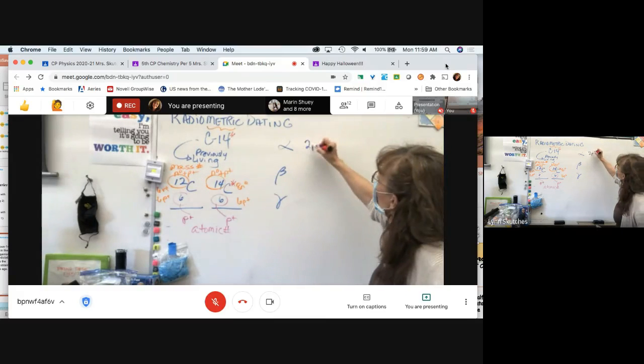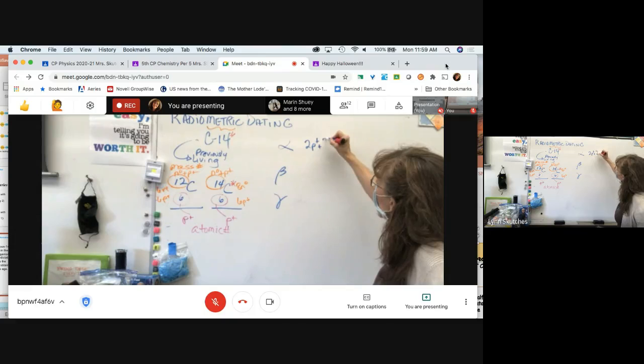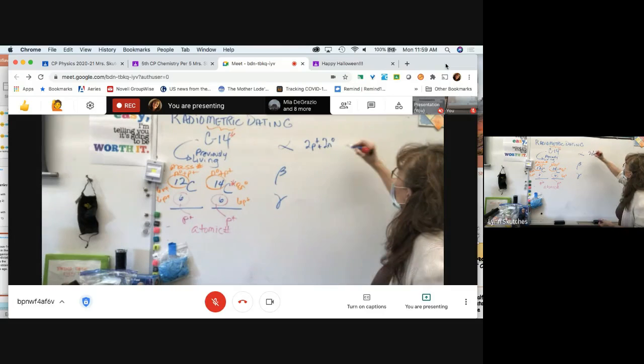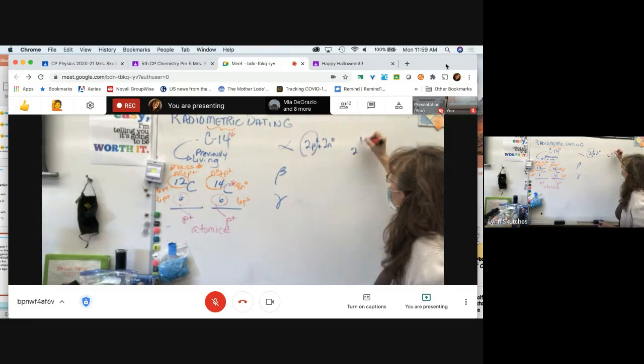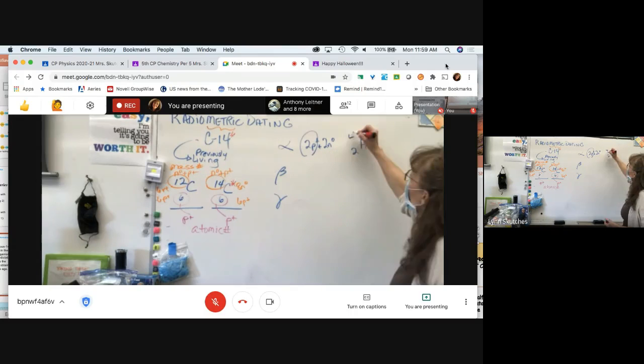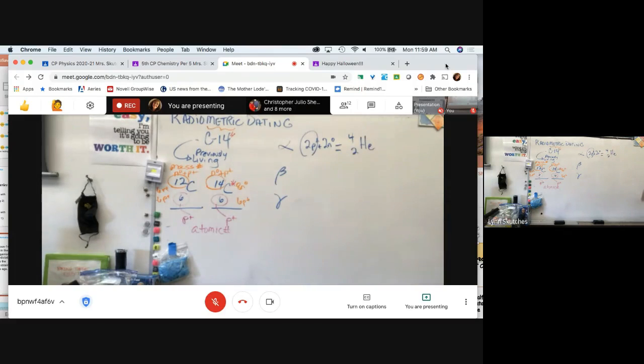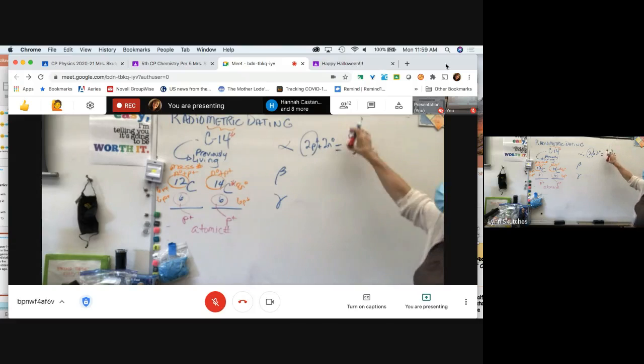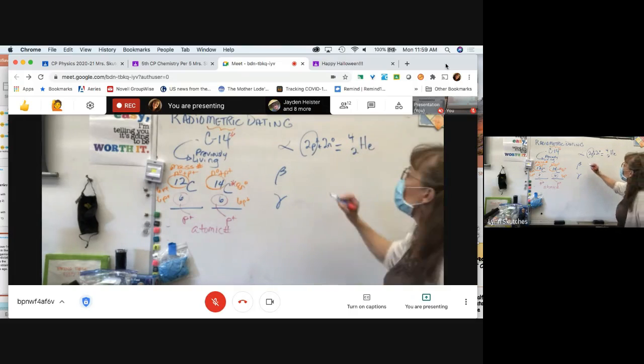There are 2 protons and 2 neutrons. 2 protons is the same as the element helium. 2 and 2 is 4. So when we write an alpha particle in a decay equation or capture equation, we write it like this. Keep track of the mass number and the atomic number.